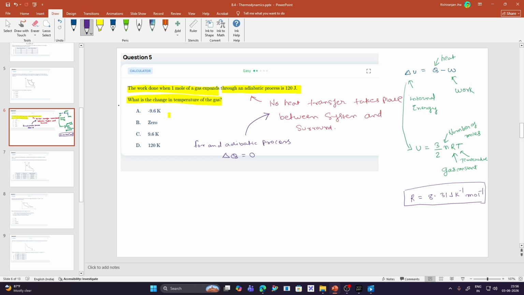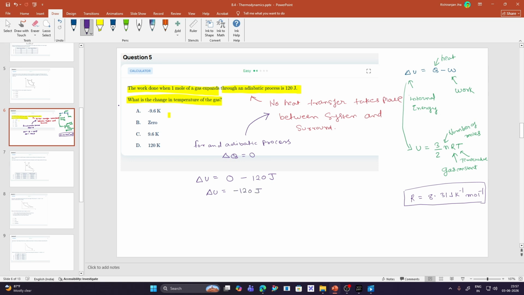So if we use this equation of change in internal energy, delta U is given by 0 minus 120 joules. The gas expands during the adiabatic process and the work done is 120 joules. So we have change in internal energy, delta U, equal to minus 120 joules.